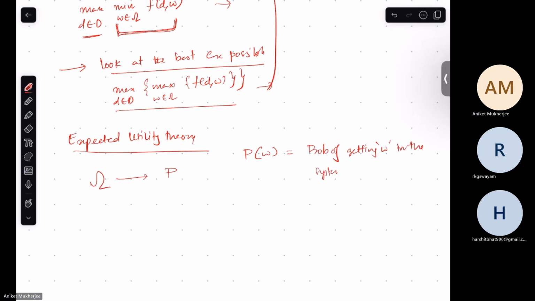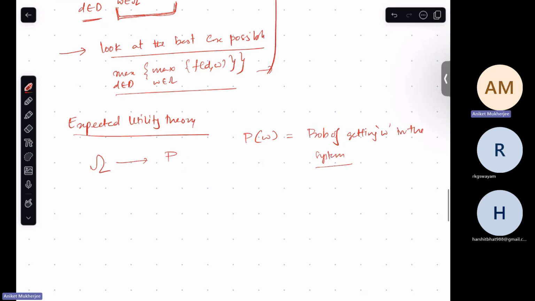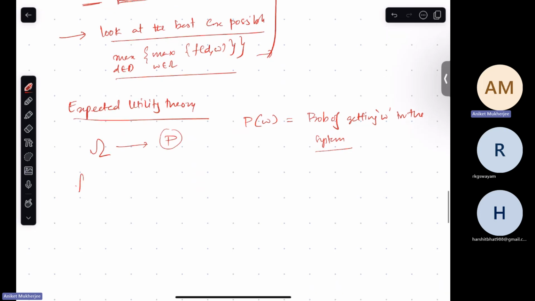I know this distribution, I know all this. Then f of d and omega will, suppose, give you o_i. Then I'll have a probability distribution over outcomes also.